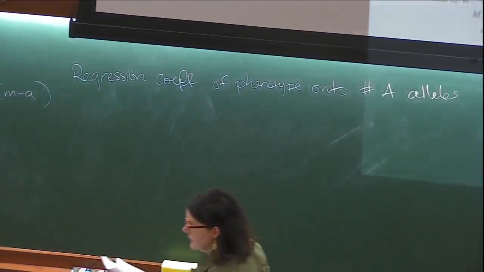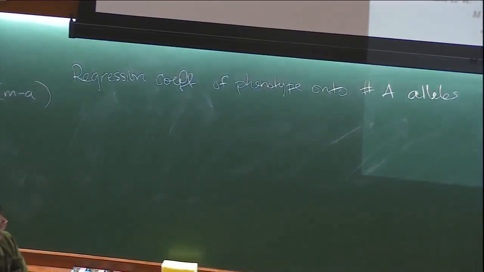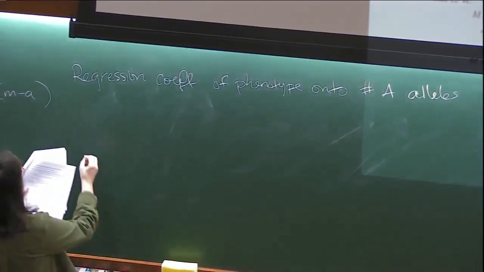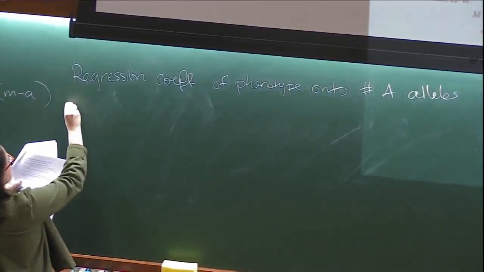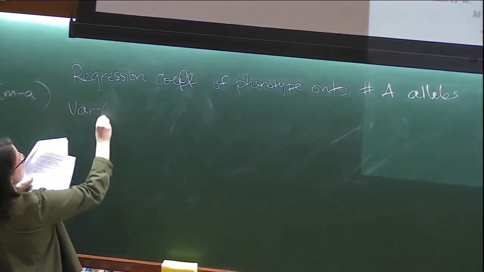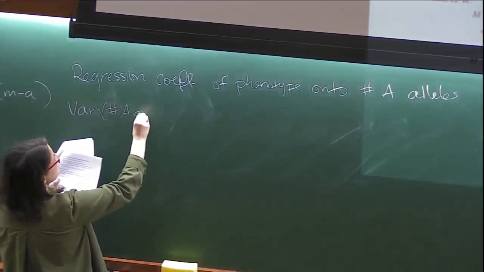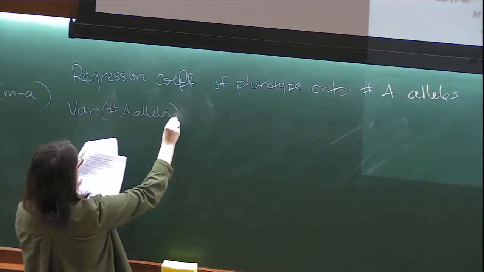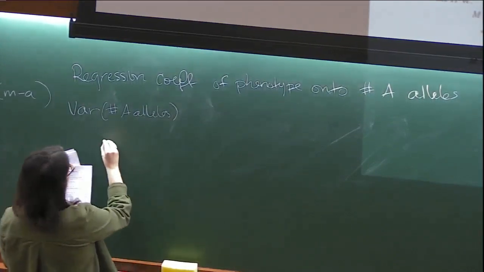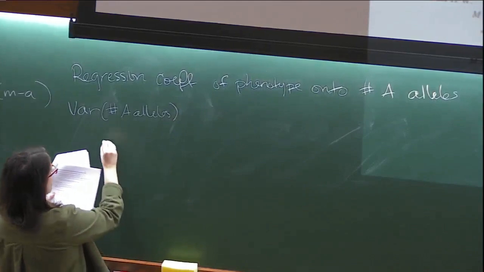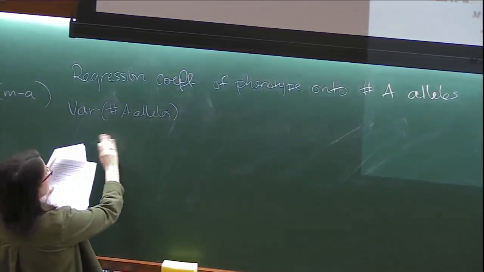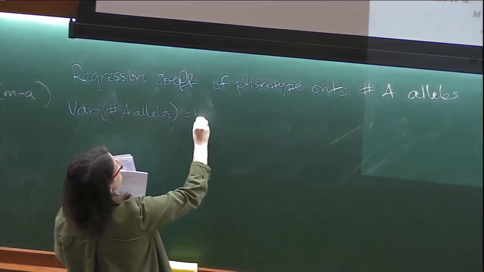So to get the regression coefficient, we can first calculate the variance of the alleles. We'll call that, what did I call it? I called it X, variance of X.